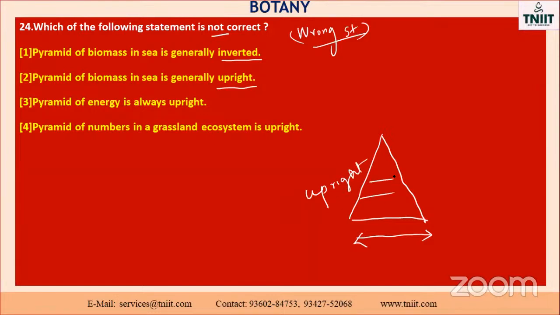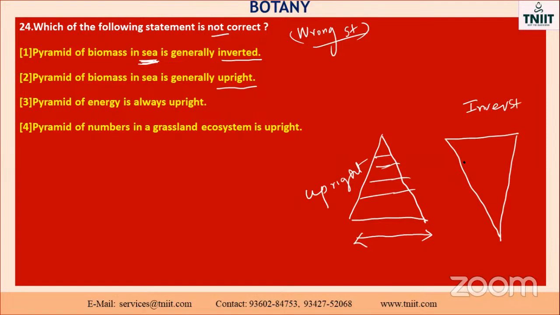Last slide we saw and drew it, isn't it? In the sea, we are telling you, it is inverted. Inverted means you have to draw it reversely. So this is the correct way. This is upright, this is inverted.